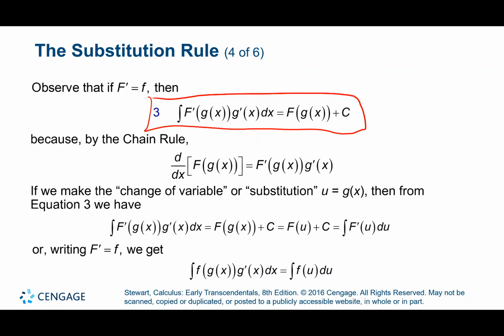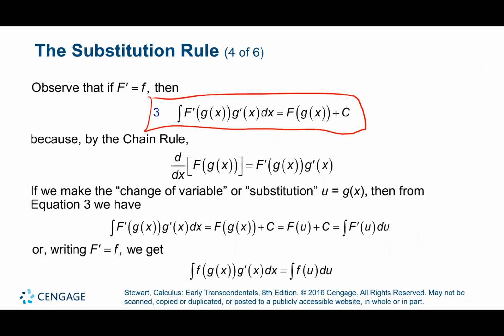So it says if we have a composite function times the derivative of the inner function, then we can get the antiderivative of the composite function plus c is our antiderivative. That's kind of writing it in chain rule form.